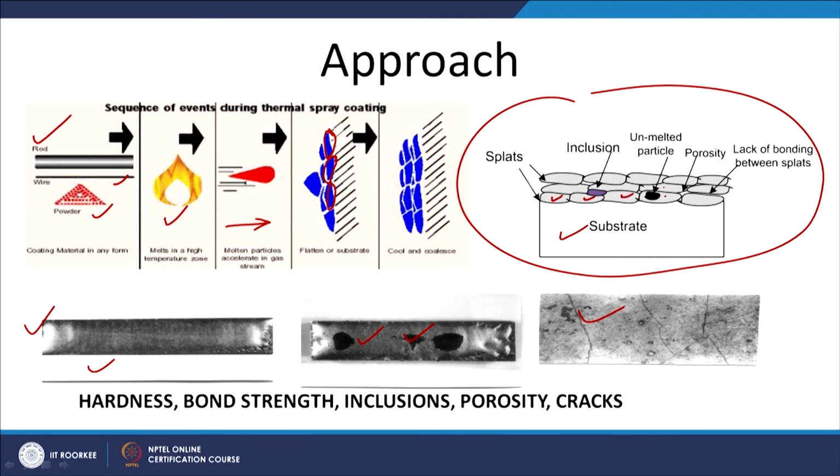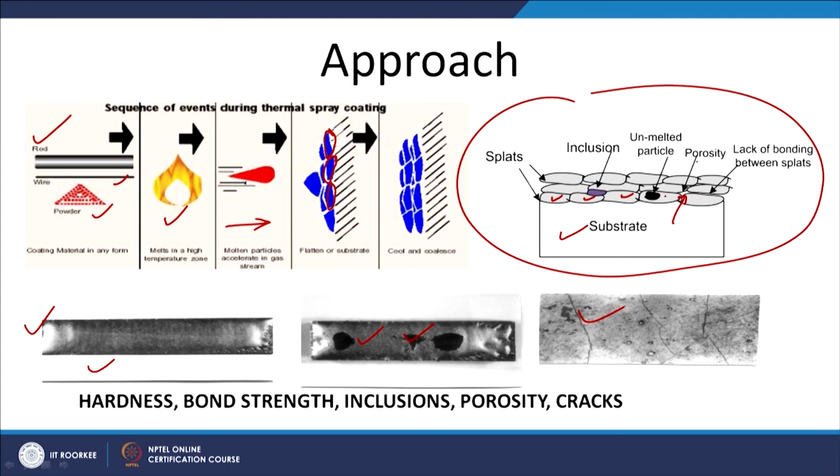There is a possibility that due to the larger size of the particles or due to the high refractoriness characteristic of the feedstock material, there may be unmelted particles also. And when the particle velocity is limited, kinetic energy is limited at the time of impingement, there can be unfilled gaps between the splats and substrates or between the splats themselves.